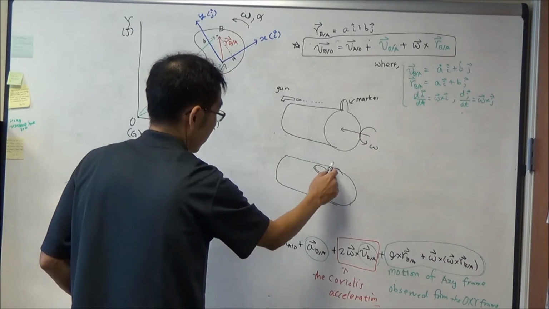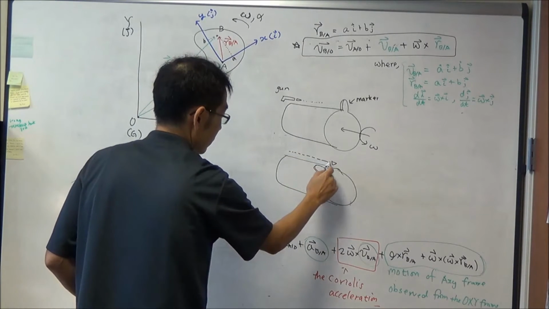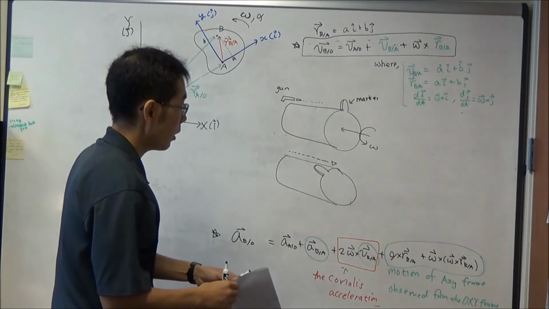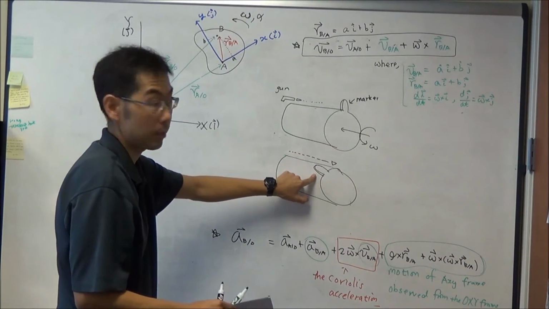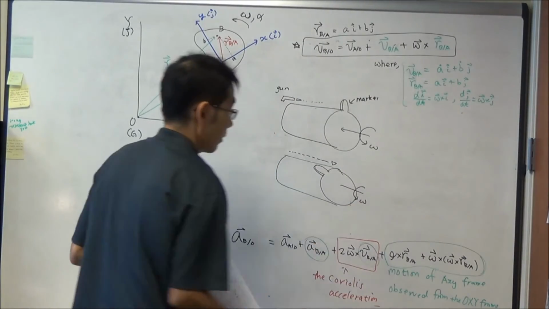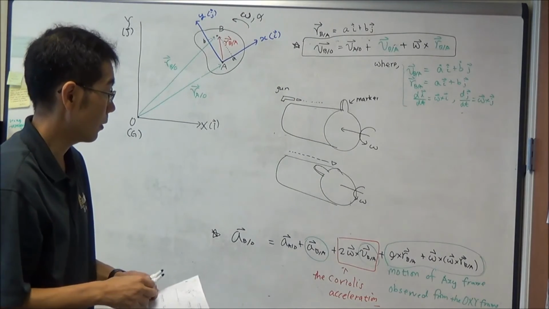So by the time the bullet reaches this position, your marker is already deviated, because this one is rotated. Okay, it's very simple to understand this one.